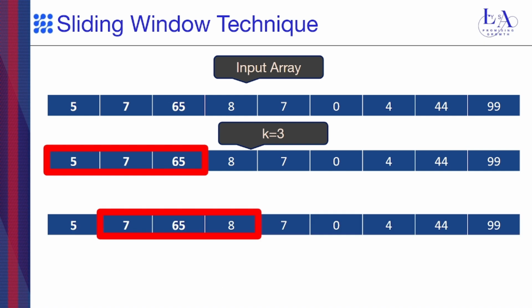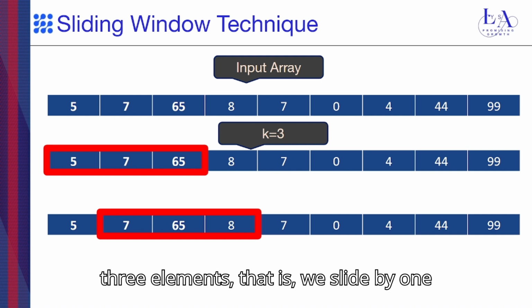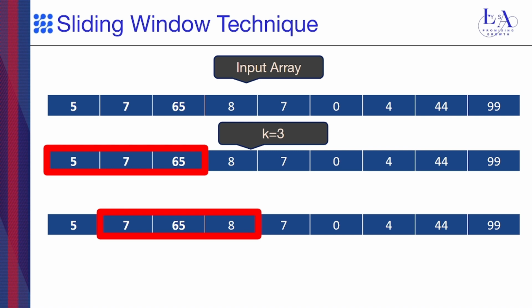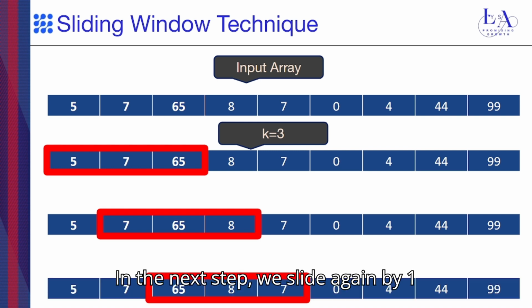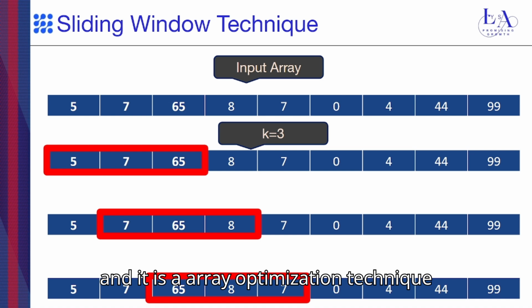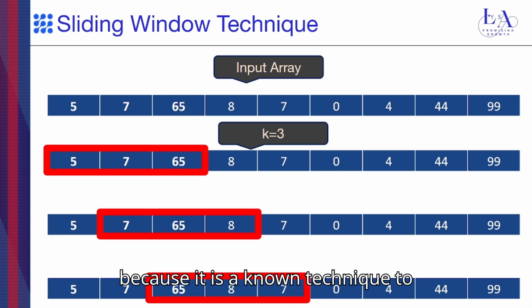Then we move it to the next 3 elements, that is we slide by 1 and again have a window of size 3. In the next step we slide again by 1 and have a window of size 3. This is called the sliding window technique and it is an array optimization technique because it is a known technique to reduce the time complexity.